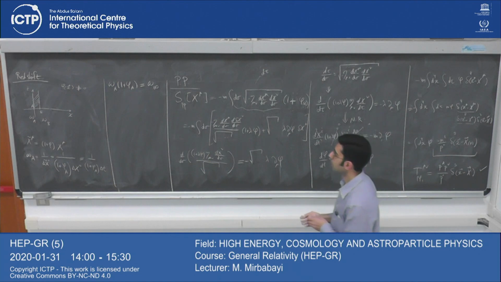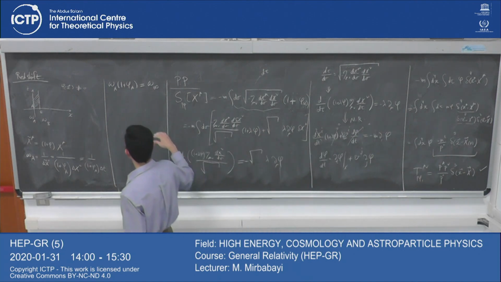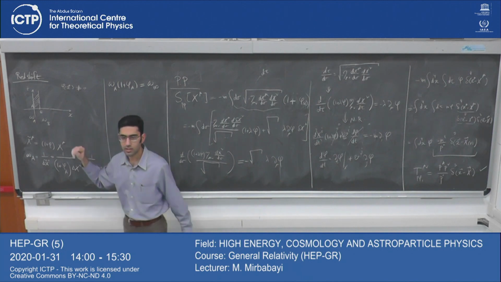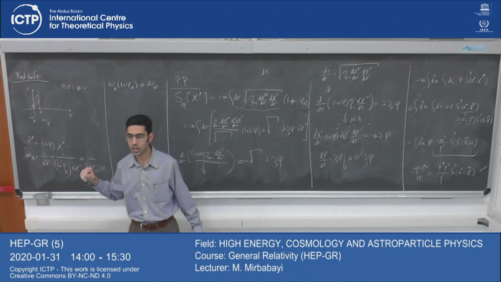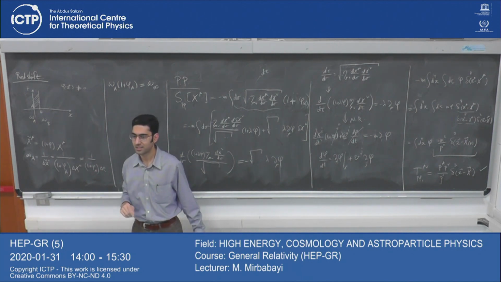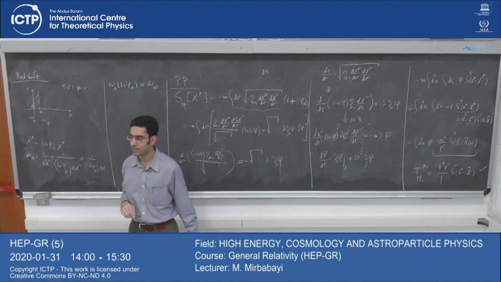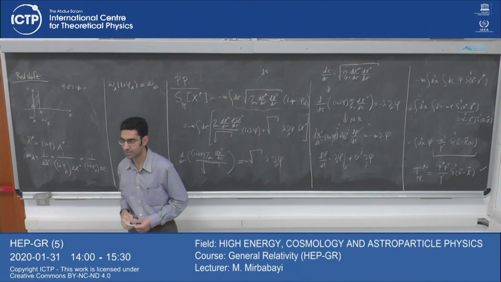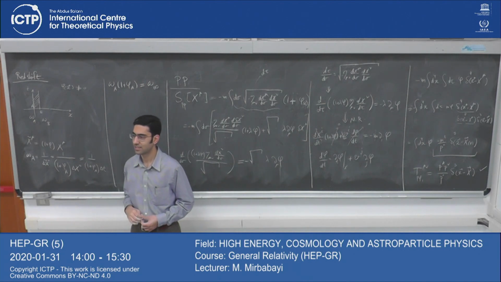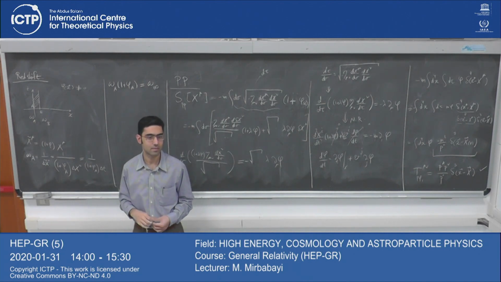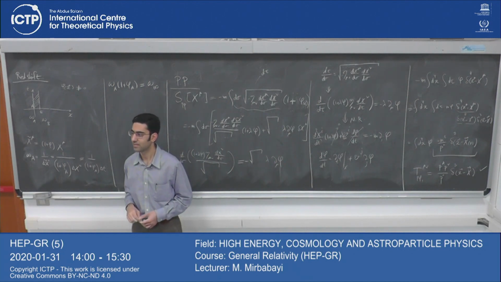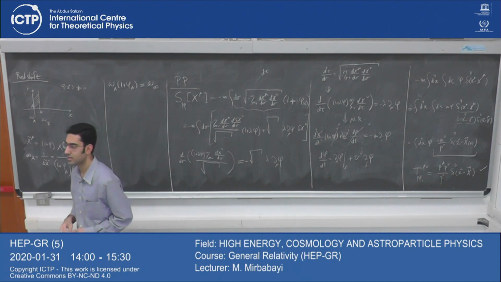So now, what do we see? First of all, a question for you. What is the sign of phi? Is phi positive or negative? On Earth, for instance. At the Earth, I think the frequency will be lower.